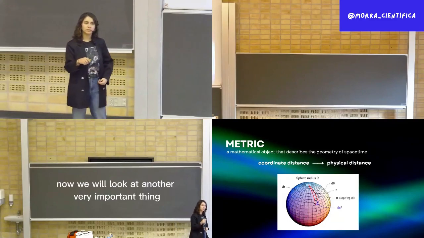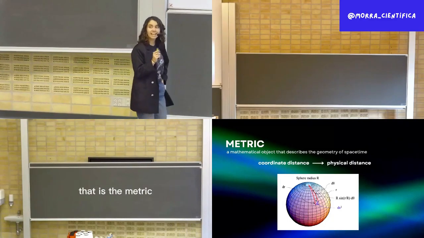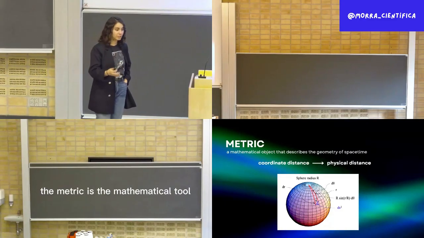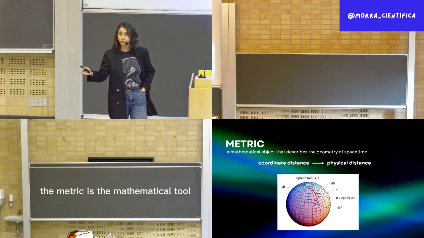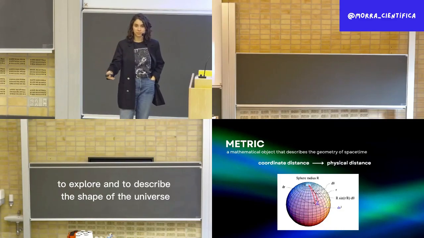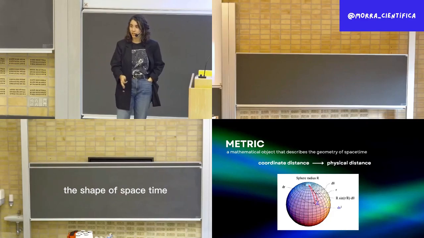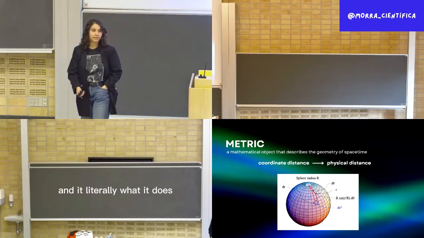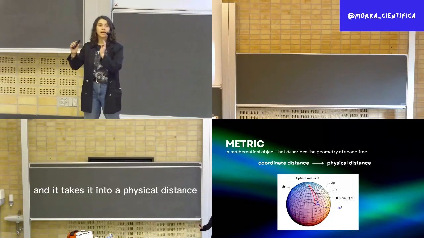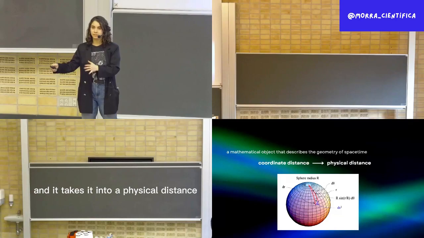Now we will look at another very important thing, the metric. In very broad words, the metric is the mathematical tool to explore and describe the shape of the universe, the shape of space-time. What it literally does is take a coordinate distance and turn it into a physical distance.